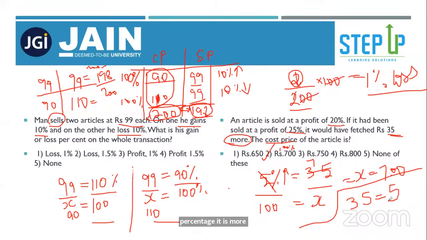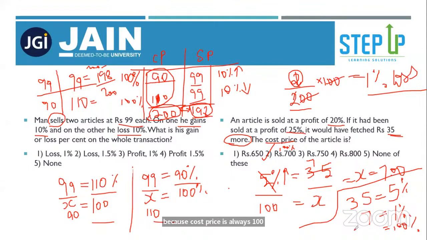5. So what is 1 percentage? If 5 percentage is 35, what is 1 percentage? 7. If 1 percentage is 7, then how much is 100%? Because cost price is always 100.